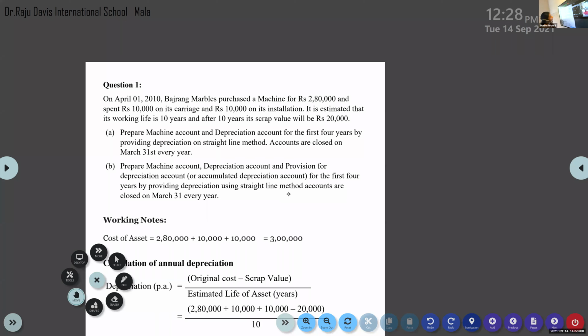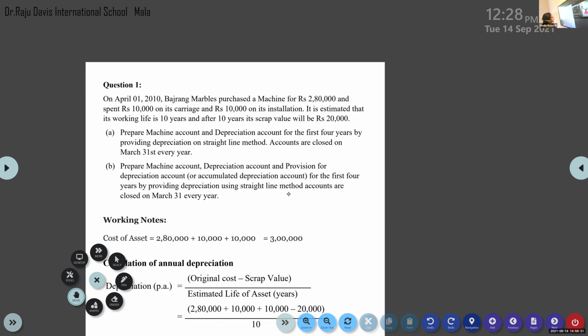Okay. Here is question number 1. First, let us read and understand the question. On April 1st, 2010, Bajrang Marbles purchased a machinery for 2,80,000 and spent rupees 10,000 on its carriage and rupees 10,000 on its installation.